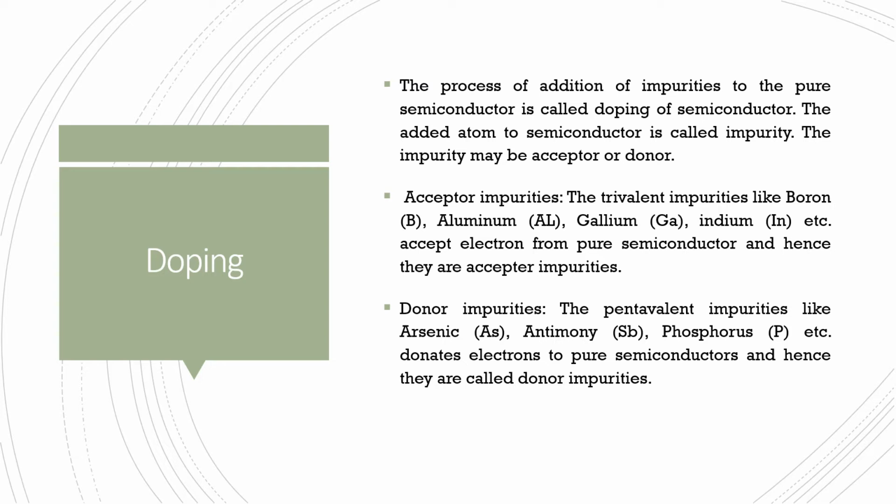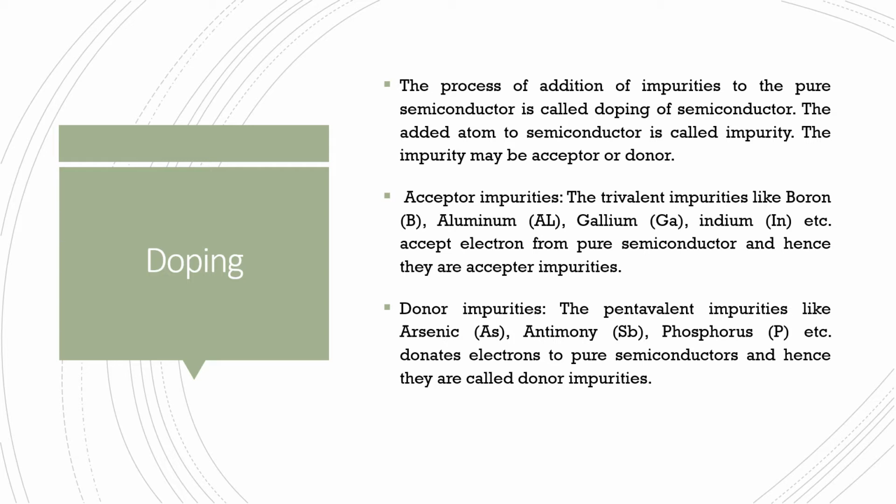The trivalent impurities like boron, aluminium, gallium, indium, etc. These materials accept electrons from the pure semiconductor and hence they are called acceptor impurities. Now what are donor impurities?